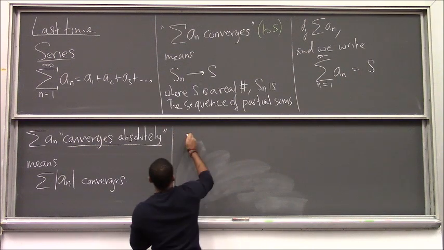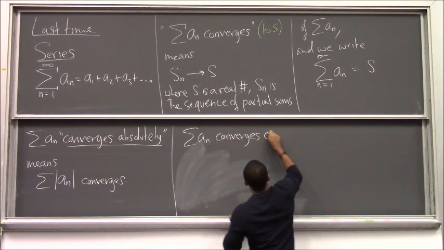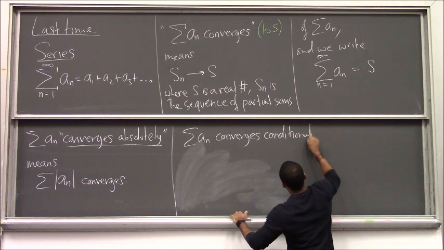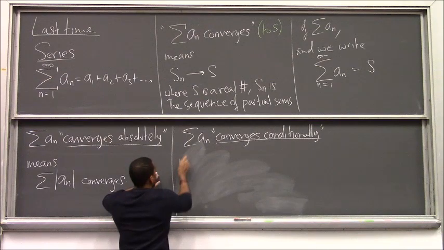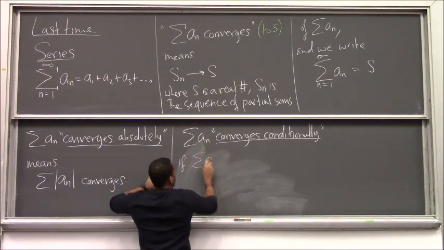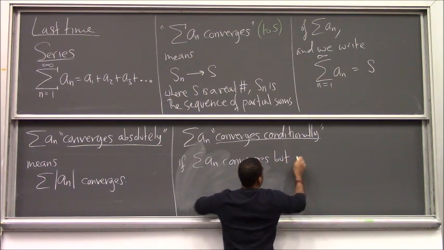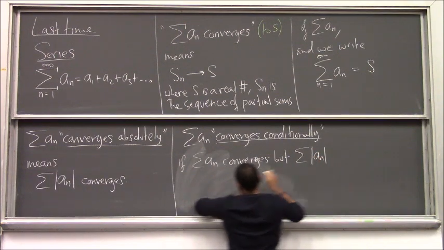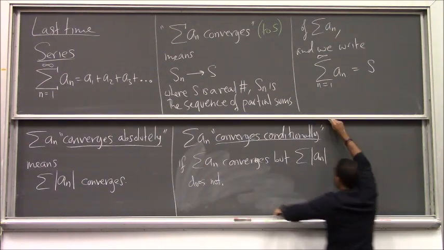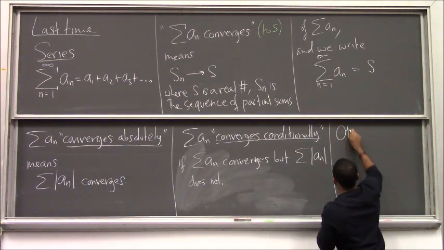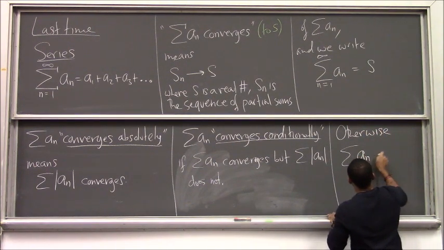And we say the series converges conditionally if the series a_n converges, but the series with absolute values around it does not. And the only other scenario for us is that the series a_n diverges. We say the series diverges.